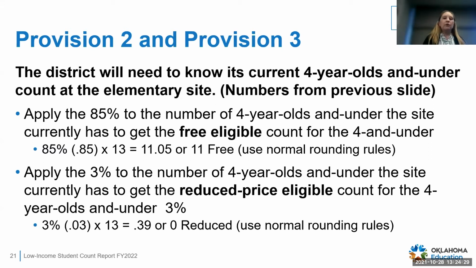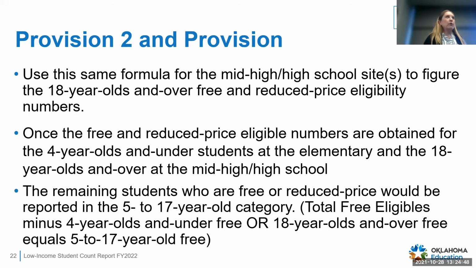Then you would multiply your reduced percentage, which is 3%, times 13 of those little guys, and it's only 0.39. Using normal rounding procedures, 0.39 would round down to 0, so there would be no reduced students in the under 4-year-olds. You would do the same thing for your over 18-year-olds to figure those percentages.